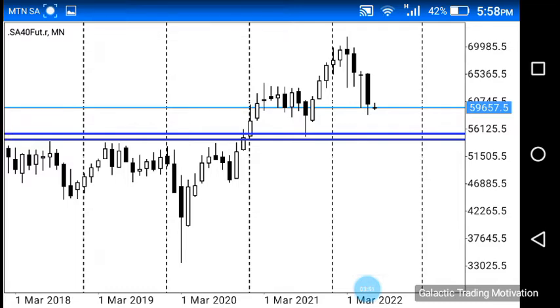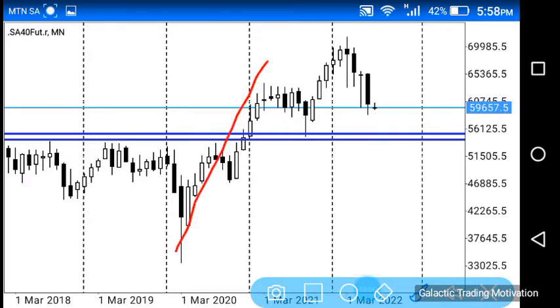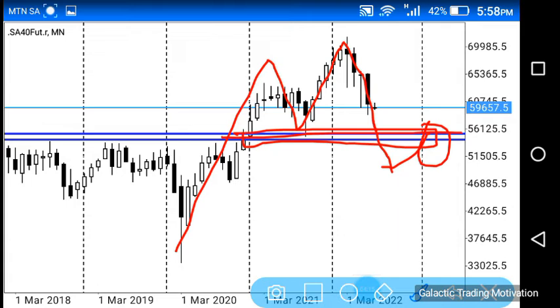But let me just point out also that we could be having in the future an overextended formation with a neckline being somewhere in this region. So should one of the future monthly candles break below and close just below this structure, we might see price going back to the neckline to retest it, in which case we would look for possible selling opportunities.